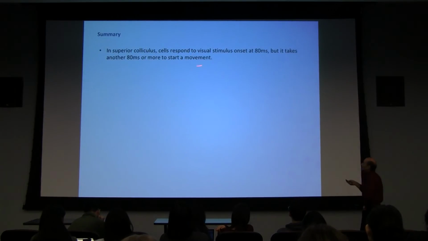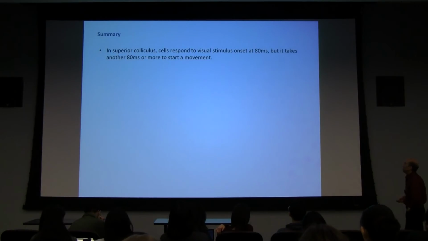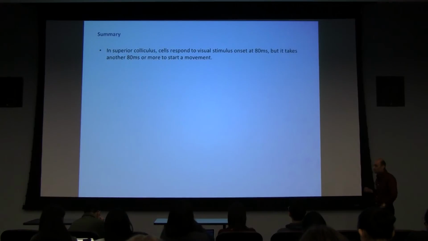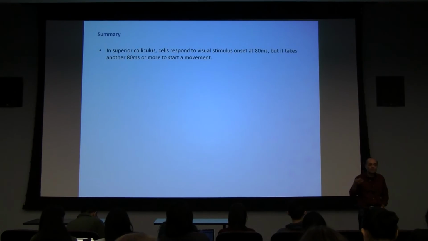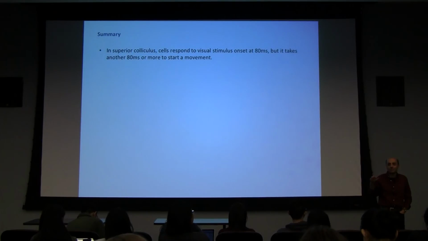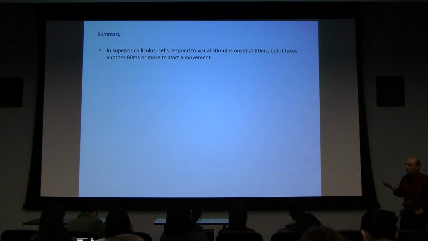All right, to summarize. In the superior colliculus, cells respond to visual stimulus onset at 80 milliseconds, but it takes another 80 milliseconds or more to start a movement. If you were a frog, you would just make a movement as soon as something came, because that something was a bright light, maybe there's something interesting there. But you don't do that.